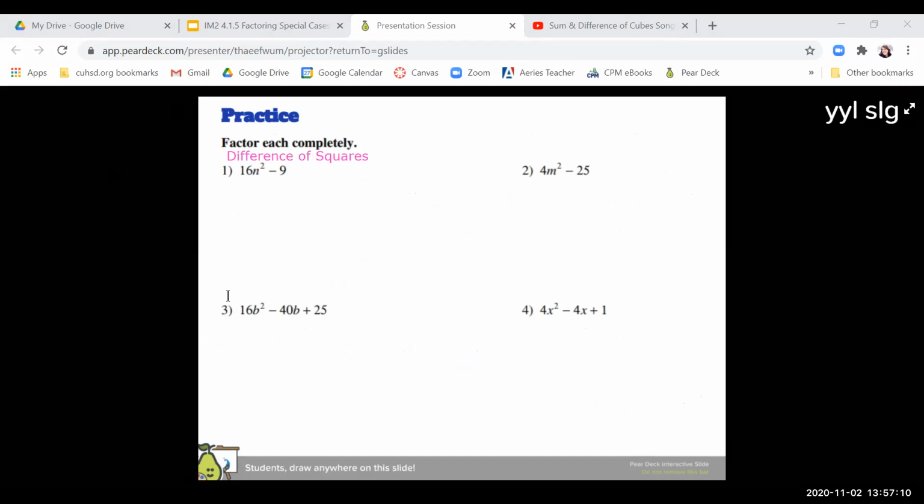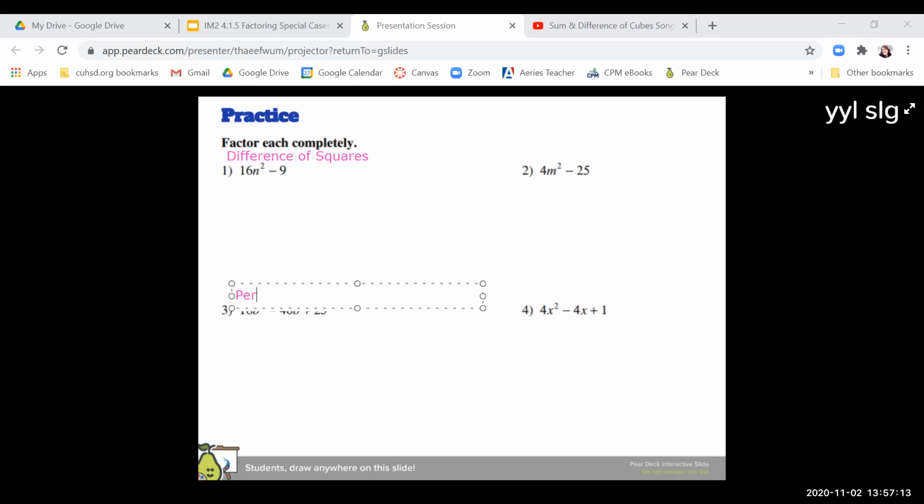And then down here, number 3 and 4 are perfect square trinomials. So just take a few minutes and see if you're able to do these on your own. I'm looking at your work right now to monitor to see where you're at with this. And if you have any clarifying questions, go ahead and ask in the chat.